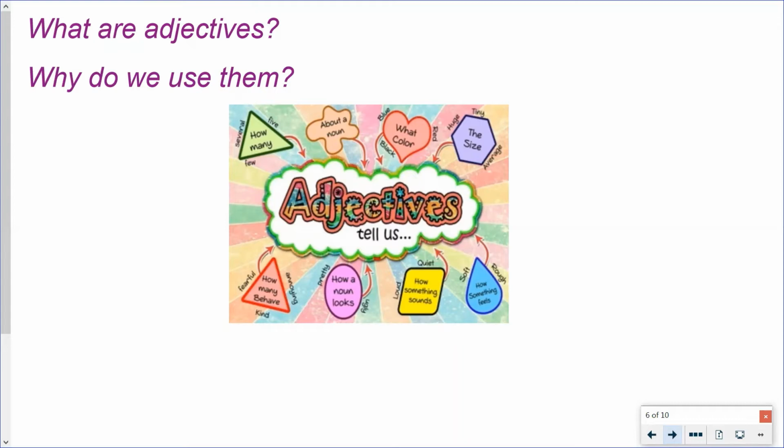They may tell us how many are in front of us, or what color a noun is, or what size, or how a noun might be feeling, or how something sounds, or how a noun looks, or how a noun may be behaving.